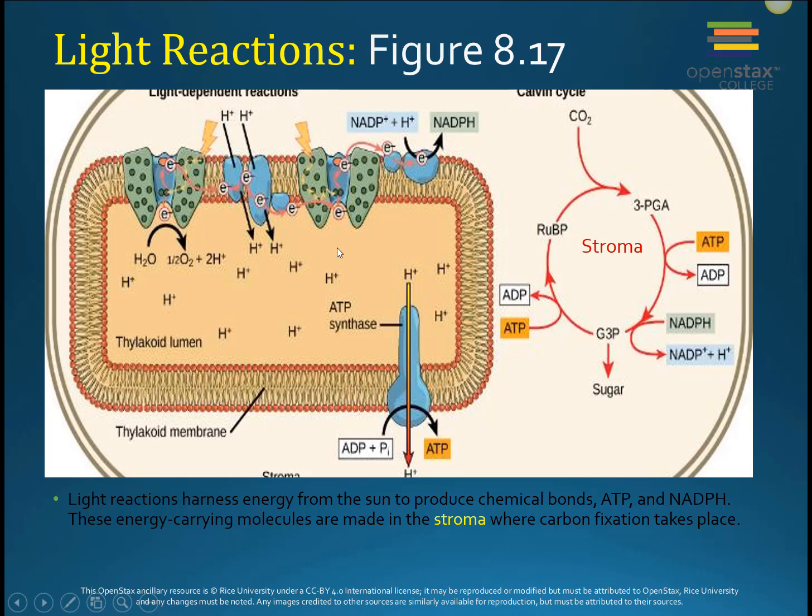So light reactions will harness the energy from the sun and the light energy to produce the chemical bonds of ATP and NADPH. These energy-carrying molecules are made in the stroma, where the carbon fixation will take place for the Calvin cycle.